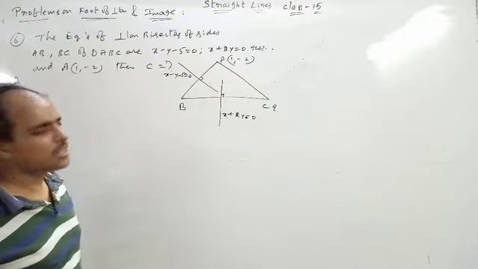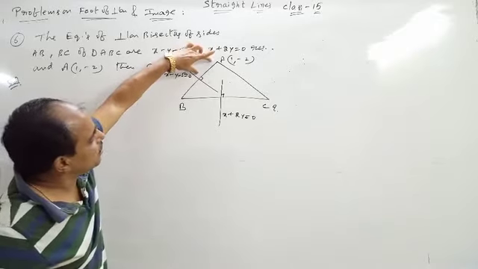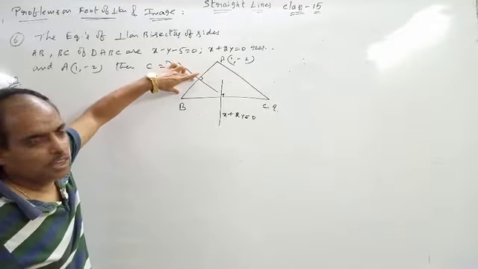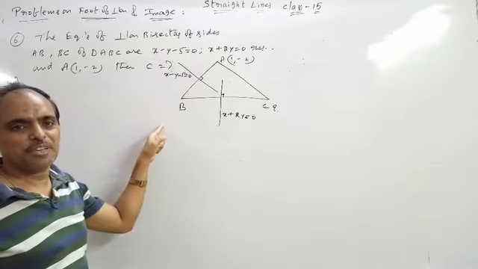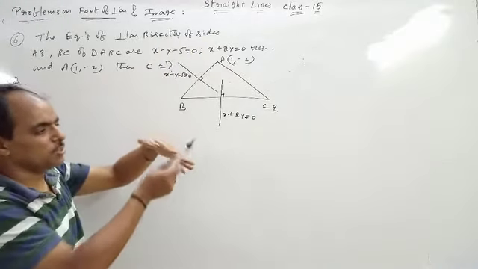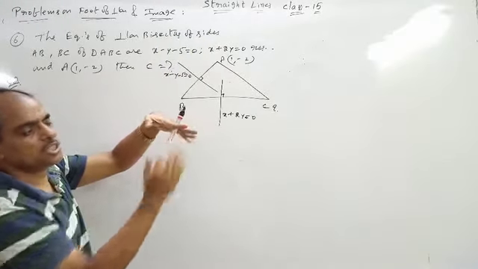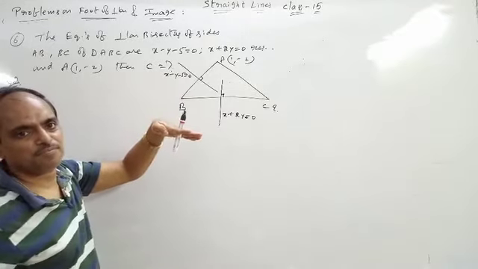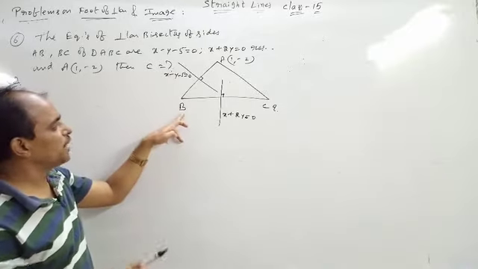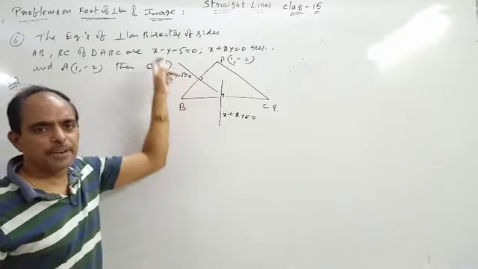Perpendicular bisector means this distance is equal to this one. Now B is the image of A with respect to this line. This distance is equal to this one, so this point is nothing but the image of A. So we can find B as the image of A with respect to this line.